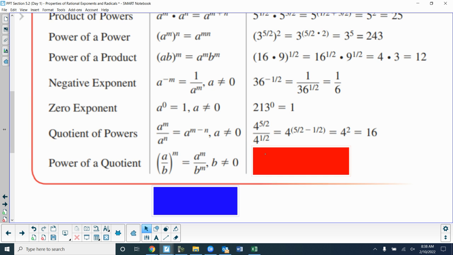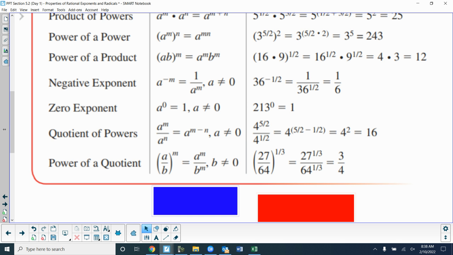And this last one, if you have a fraction inside the parentheses, that means the numerator and the denominator both get raised to that power. And 1/3 is the cube root. Cube root of 27 is 3. The cube root of 64 is 4. Okay? Again, you should be able to do those in your calculator as well.